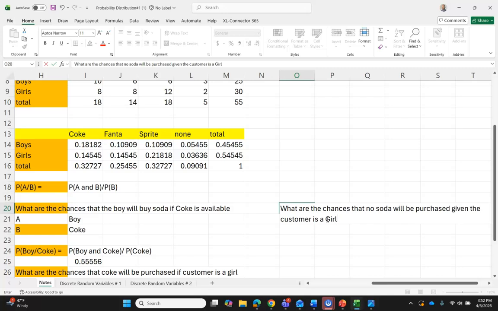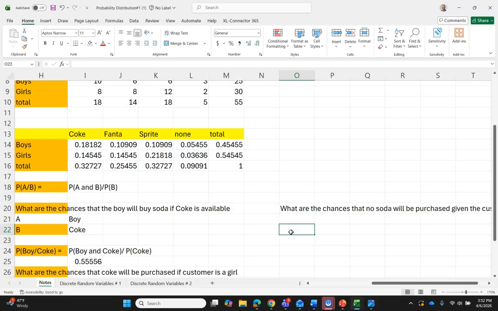When the soda is not purchased, here we go with none. So the joint probability between none and girls will be this one divided by the total number of girls, which will be that one. Let me go down here.